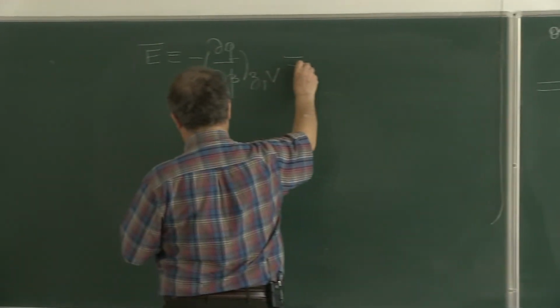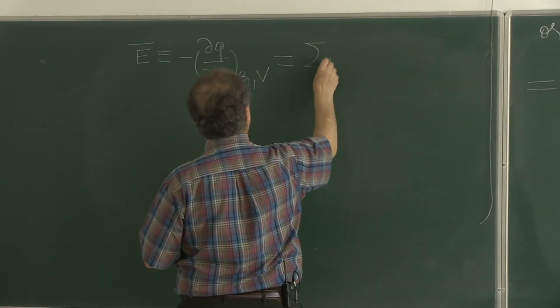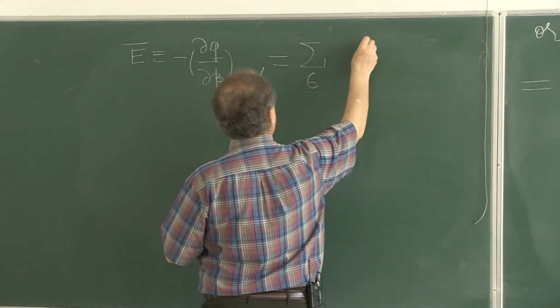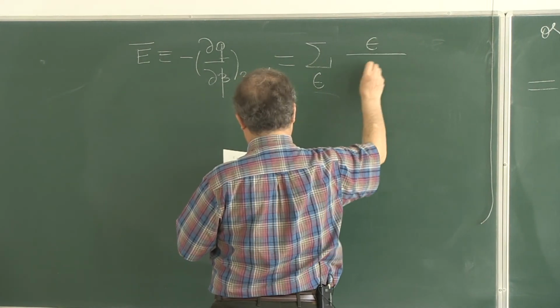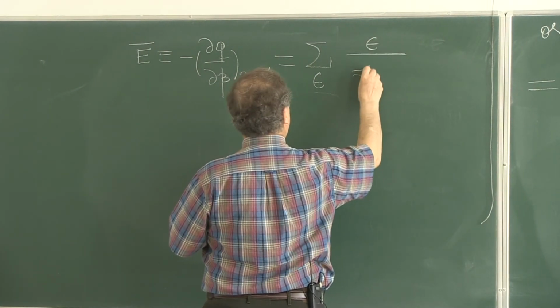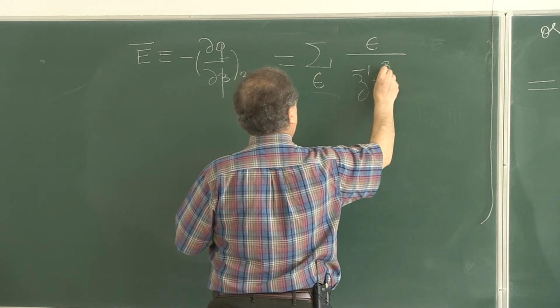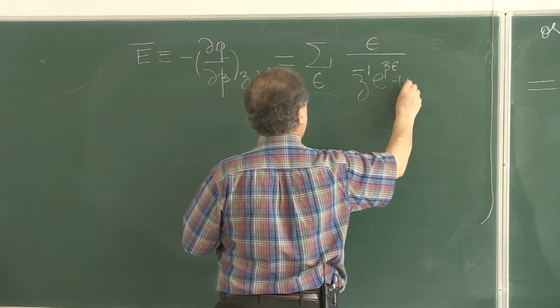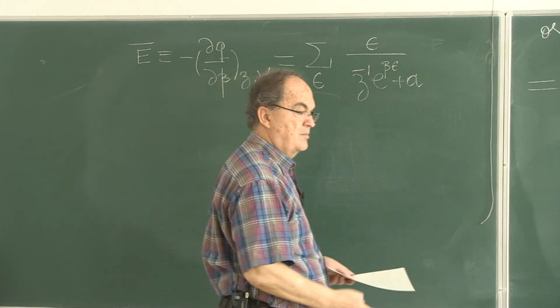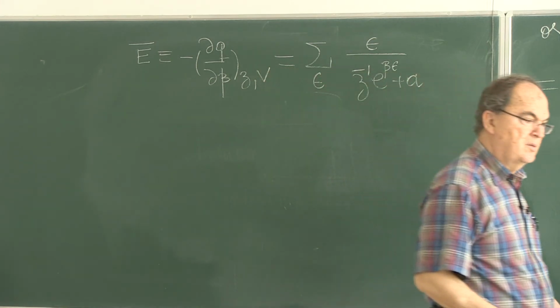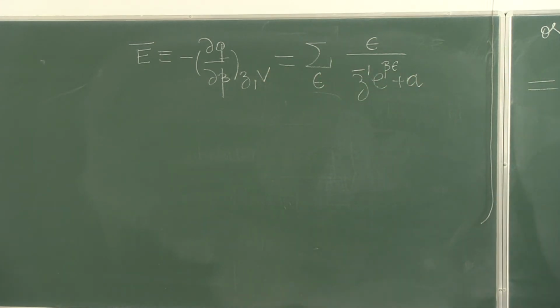And that turns out to be the sum, for Fermi-Dirac, Bose-Einstein, whatever, of the energy times the corresponding distribution function, the average number of particles with that energy.